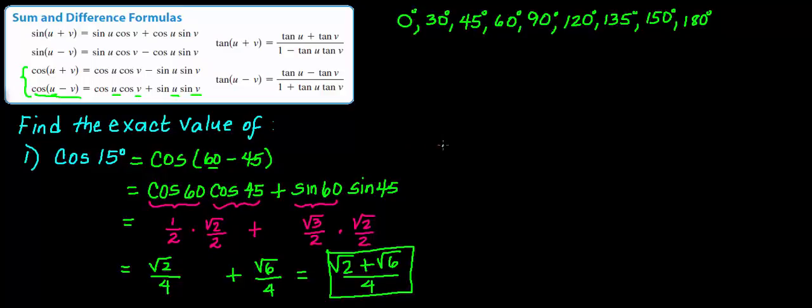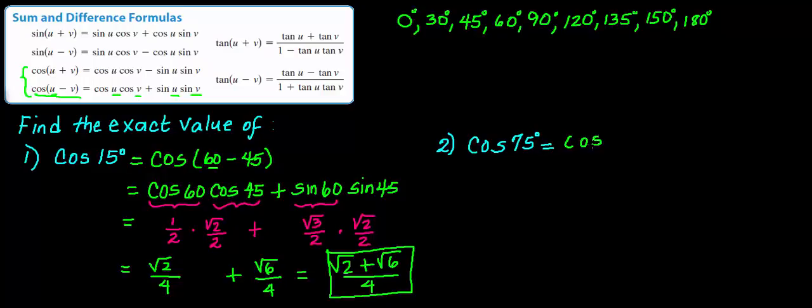Let's do example 2. Cosine of 75 degrees. So again, I don't know the exact value for the cosine of 75 degrees. So I have to figure out a combination of these numbers that I do know the exact value of, so I can split up 75 into a sum or a difference that will give me 75.